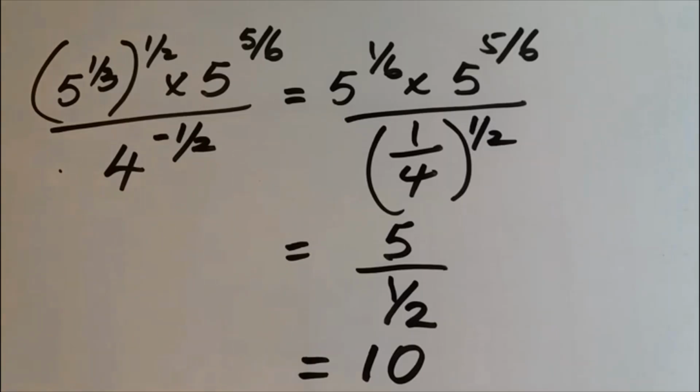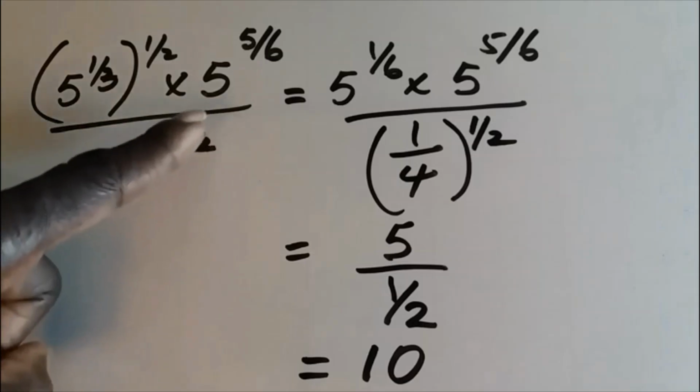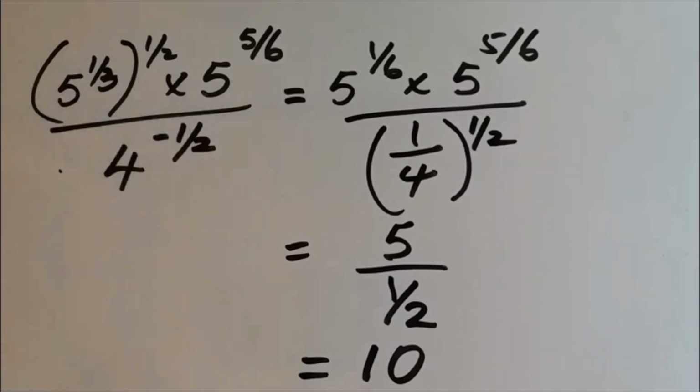So, just to recap, we clear the brackets. Because we have the same base of 5, we can add the indices, and that gives us a whole number, 5 raised to the 1, which is 5.